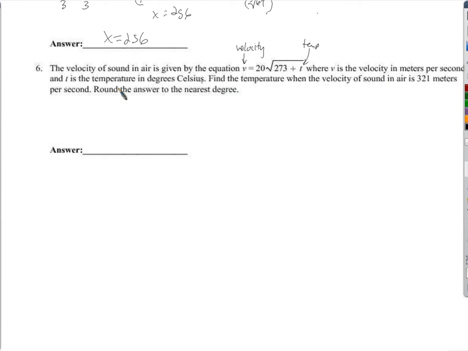Let's see, velocity in meters per second. So if the velocity is 321 meters per second, so that's the velocity, 321. That's plus T. So we'll divide by 20.